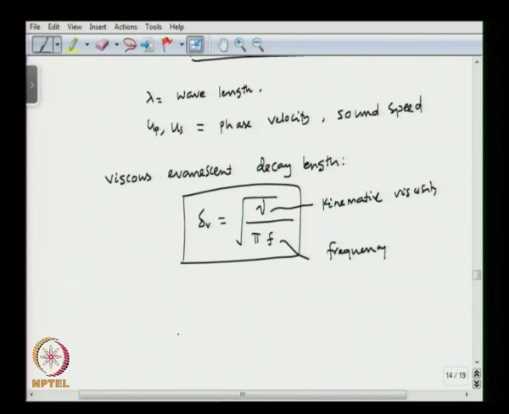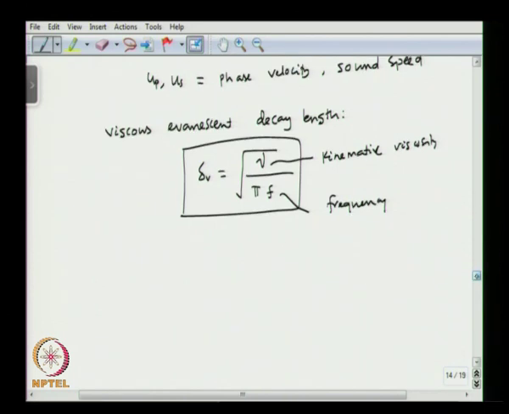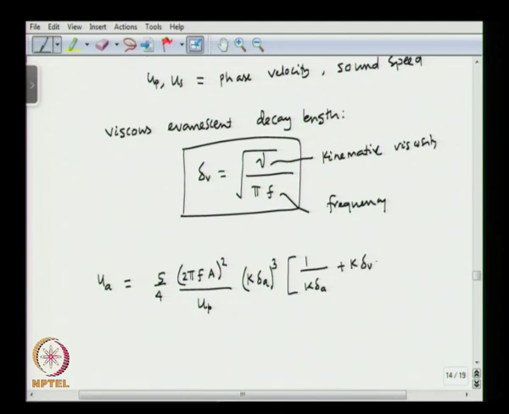Now, the acoustic streaming velocity ua, which is the velocity of the liquid, can be determined as 5/4 into 2 pi f A square divided by up k delta A cube, into 1 divided by k delta A plus k delta V, into 1 minus T over 2 delta A square.